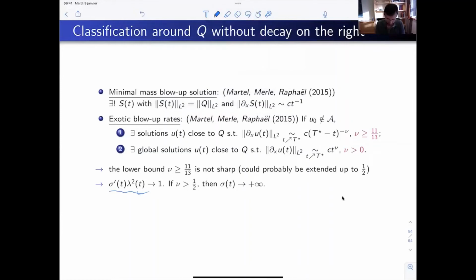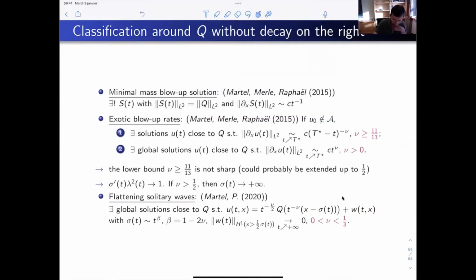Let me go a little bit. I also would like to mention some related results. In a joint work with Yvan one or two years ago, we construct, this time instead of a blowing up solution, we take the solitary wave, but we find a way to make it flatter, so we call that flattening solitary waves. Here we also got the whole range of possibilities when mu is between 0 and 1/3.